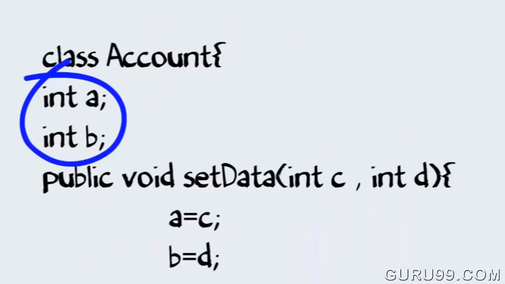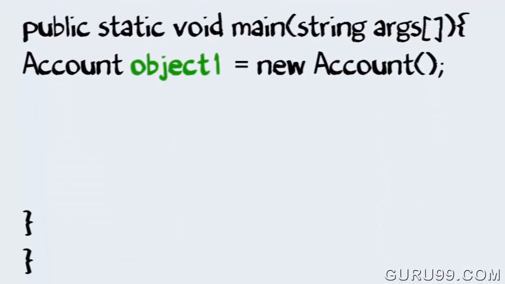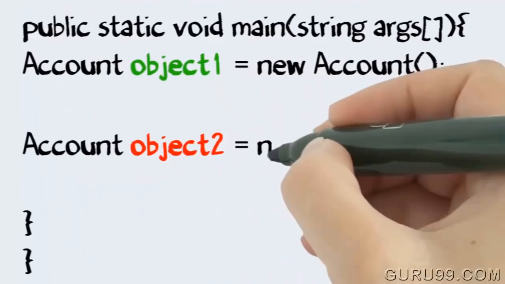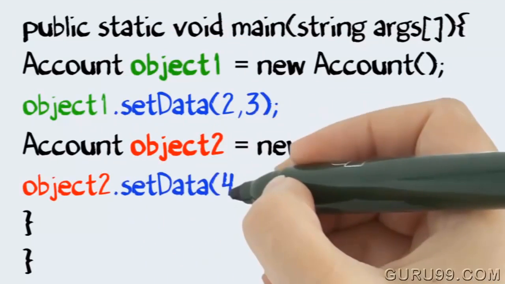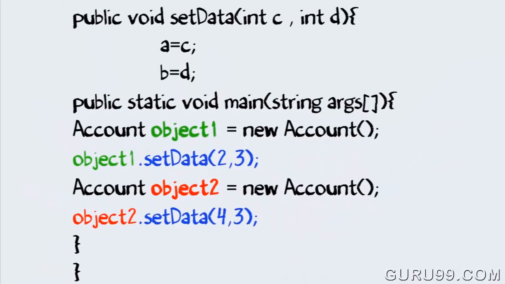Suppose you are smart enough to choose different names for your instance variables and method arguments, but this time around you create two objects of the class, each calling the setData method. How will the compiler determine whether it is supposed to work on the instance variable of object 1 or object 2? Well, the compiler implicitly appends the instance variables with the this keyword, such that when object 1 is calling a setData method, instance variables are appended by its reference variable.